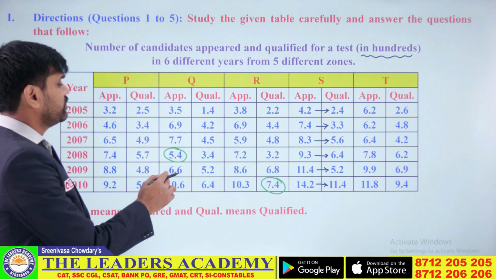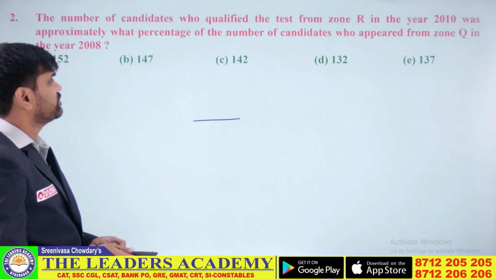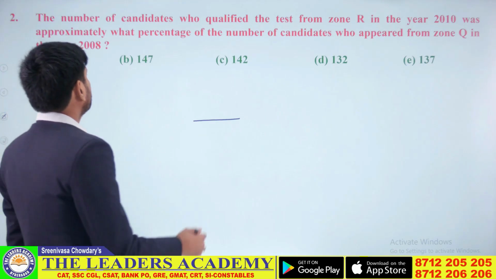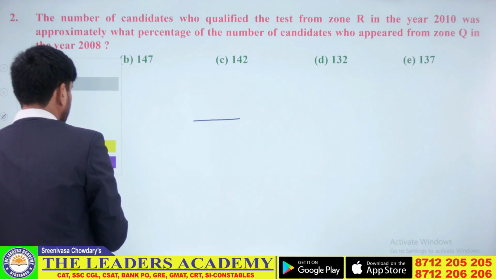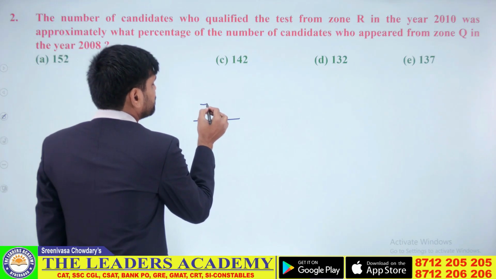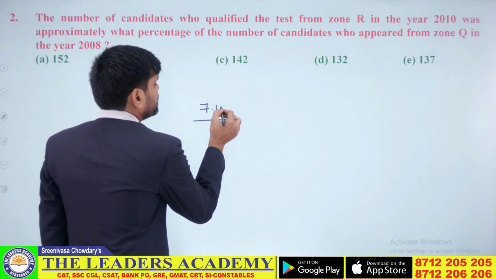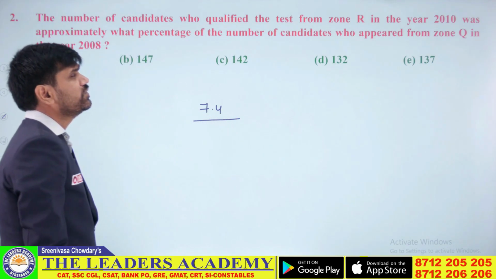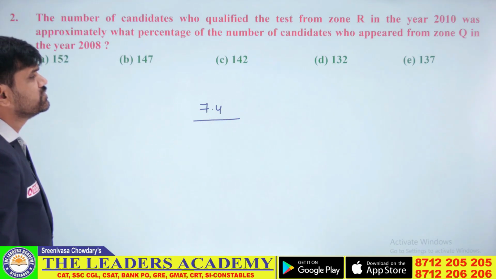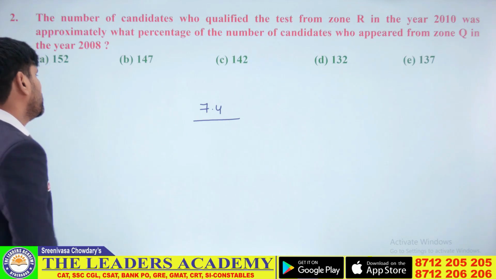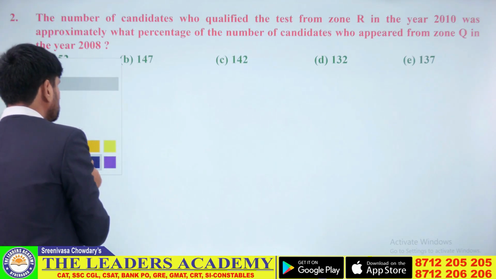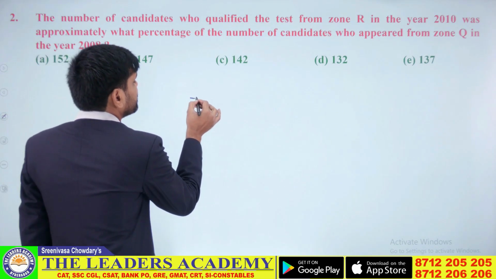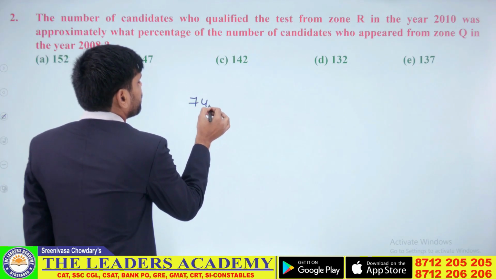So that 7.4 is what percent of 5.4? 7.4 is the number of candidates who have qualified from zone R. As I already told you, we will be taking directly in hundreds. 7.4 means 740.